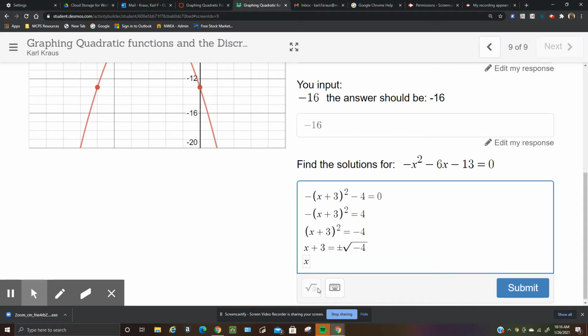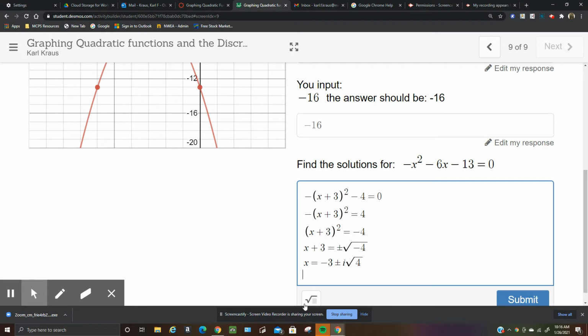And subtract 3. Get the i out of the radical. Finally take the square root of 4. So -3 plus or minus 2i.